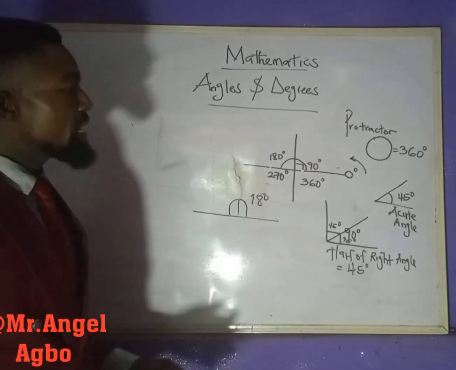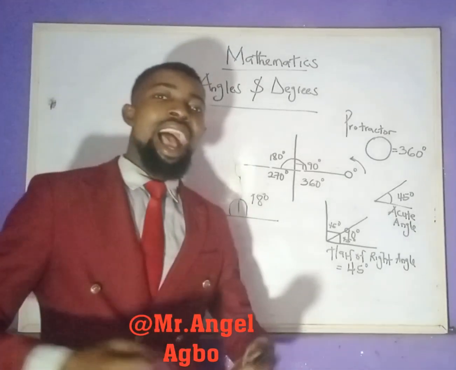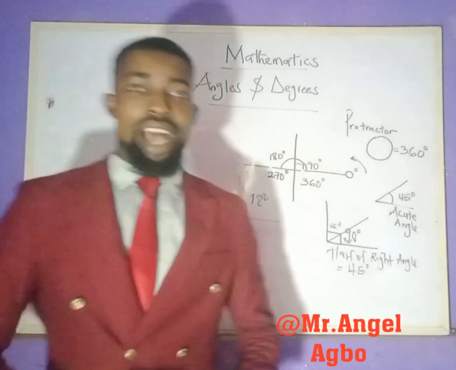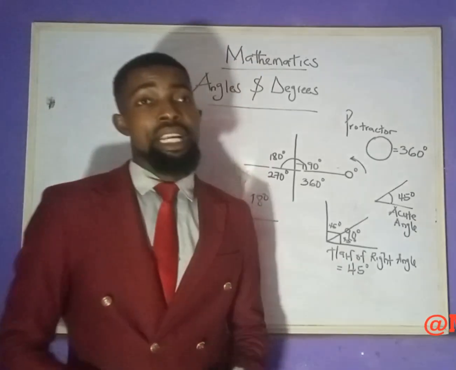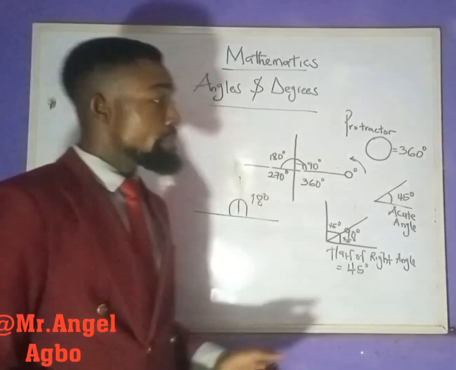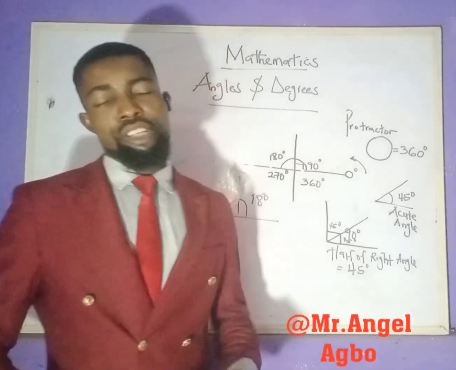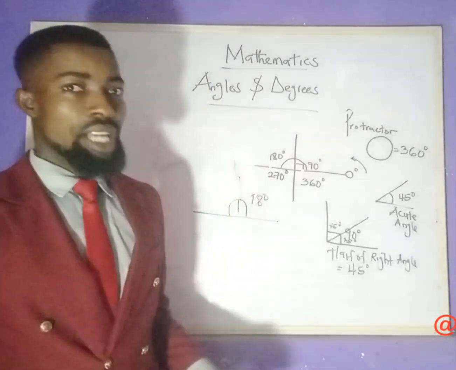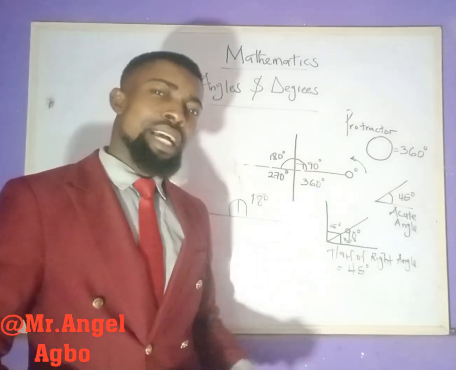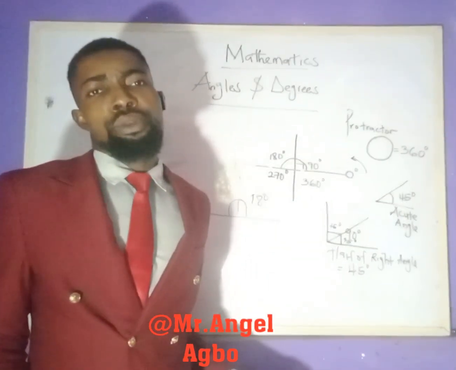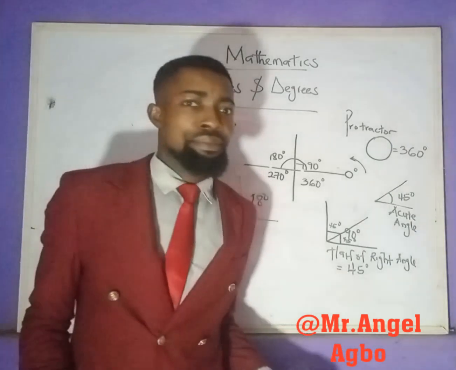Now, if it is like this, when you are asked a question to find a missing angle, it could be from complementary angle or supplementary angle. As a matter of fact, what is complementary angle and what is supplementary angle?